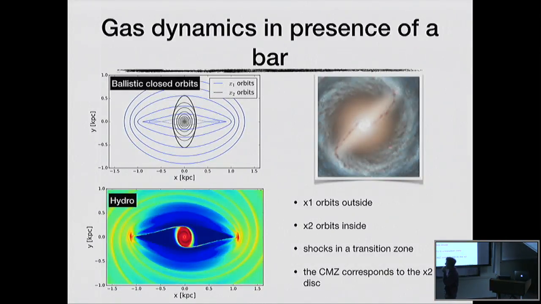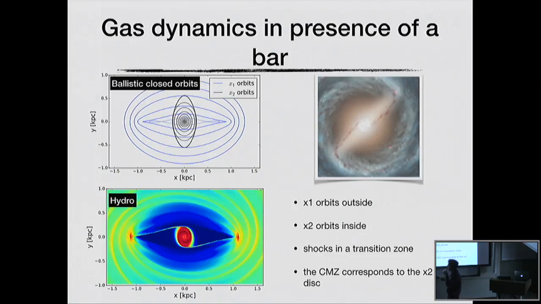To understand how the bar influences the evolution and the motions of the gas, we first consider closed ballistic orbits, and we can see that there are basically two families of orbits. Outside we have X1 orbits, which are elongated in the direction of the bar, and inside we have so-called X2 orbits, which are elongated in the other direction, perpendicular to the bar.